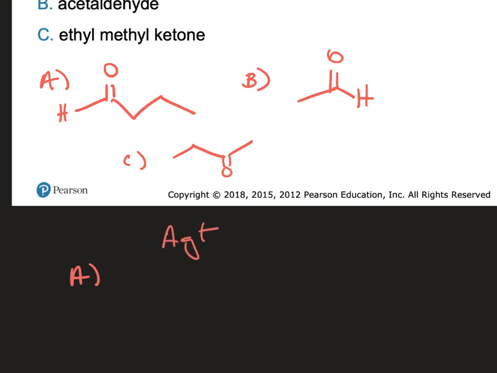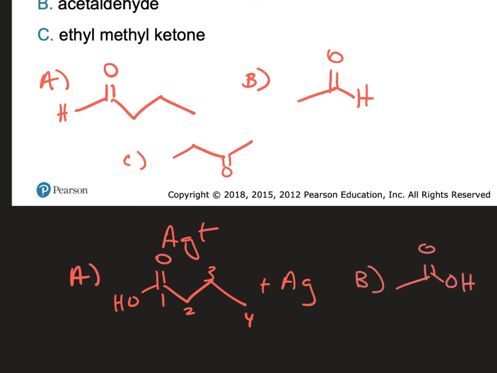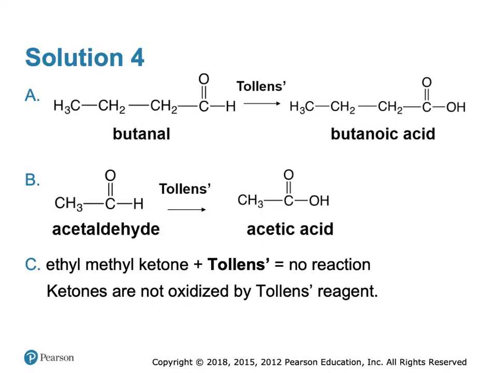So we will make a carboxylic acid with 4 carbons, 1, 2, 3, 4, plus silver metal. For B, we will form acetic acid. Again, you don't need to know the name, but you should be able to draw the structure, plus silver metal. And for C, there should be no reaction because Tollens reagent does not react with ketones.